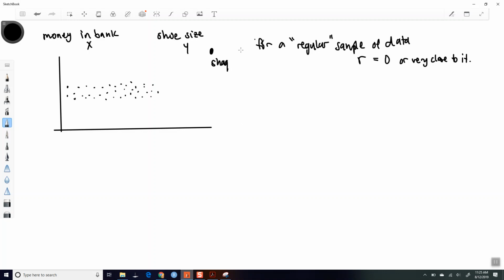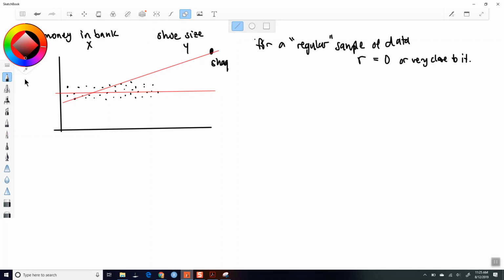Okay, so this is Shaquille O'Neal. All right, and so if we include this, our trend will suddenly go from having no trend whatsoever, so R is 0, to suddenly we're trying to accommodate the existence of this outlier, right? And then we would have this interpretation that shoe size and income, or wealth, are somehow related, which should not be true, okay?